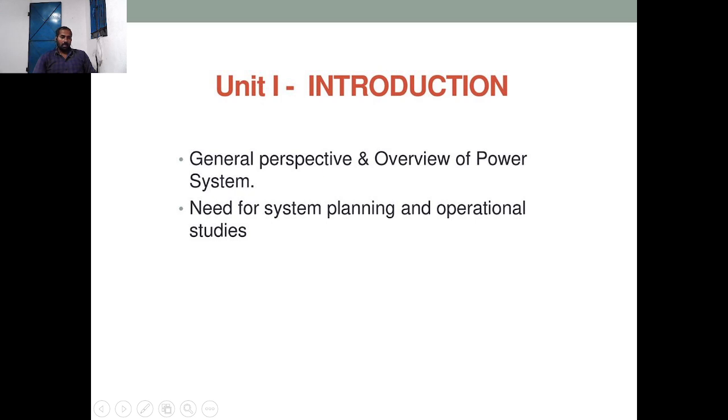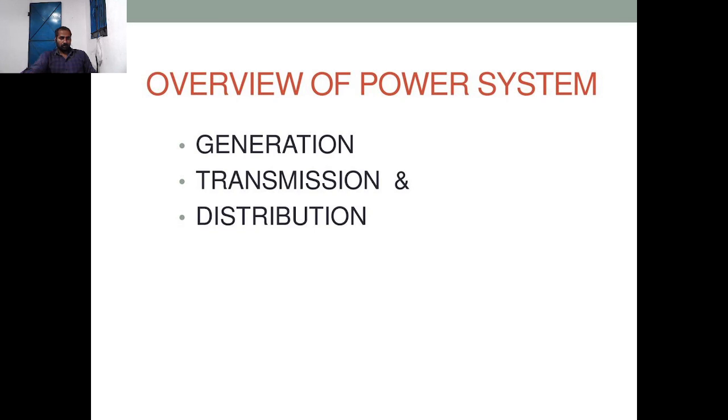And the operational studies are about the power flow and the current flow, everything we will study. In the overview of power system, here you can see generation, transmission, and distribution. Normally the power system comprises these things, from generation to distribution, right?